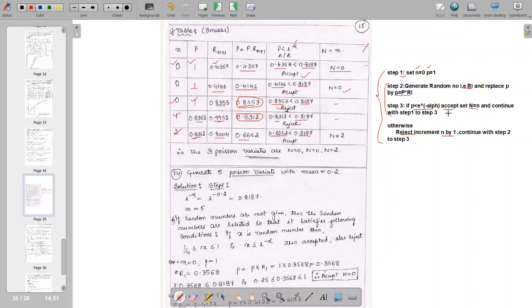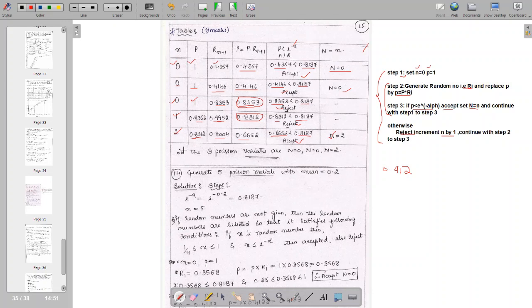Yes, so accept it. Accept, n equal to 2. Assume there is one more random number. If it is accepted, then repeat this step from 1 to 3.